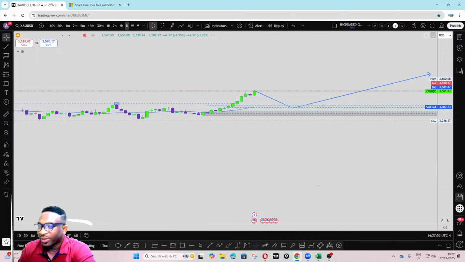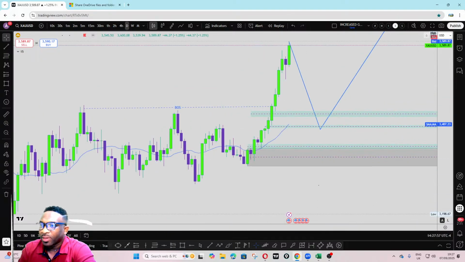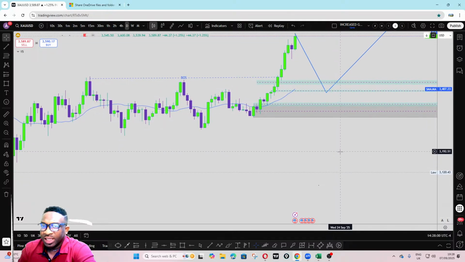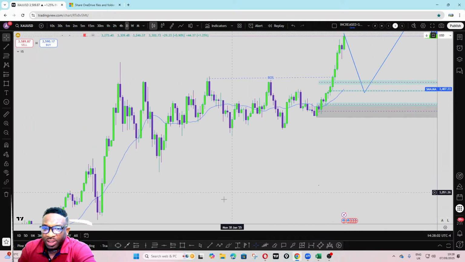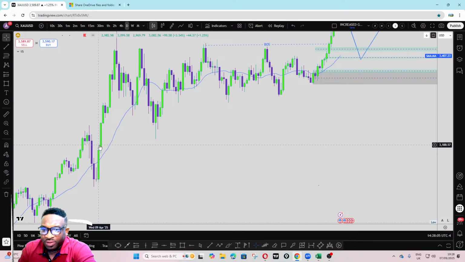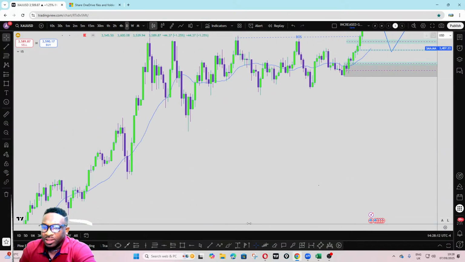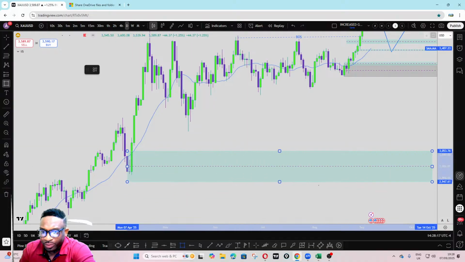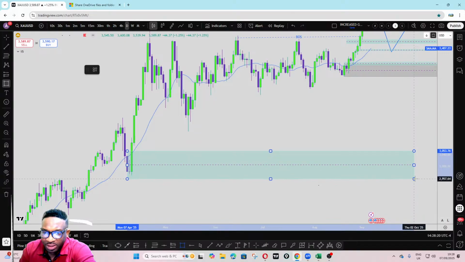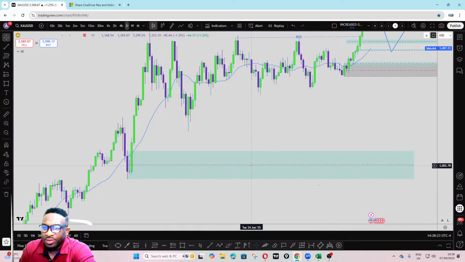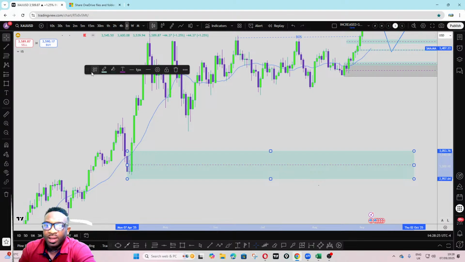So if we go down on the daily again, we can also identify some areas of imbalances that haven't been filled yet right here. So taking into consideration, this is a zone right here on the daily time frame, a pending zone on the daily time frame. So this will be a demand zone.